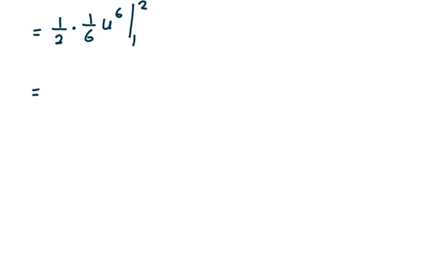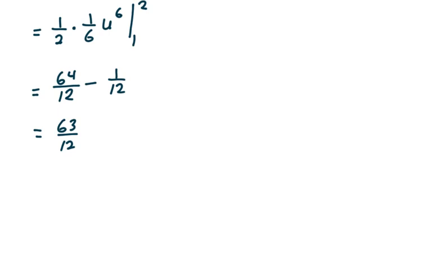If I replace u with 2, I get 2 to the 6th, which is 64. So I get 64 over 12 minus, and then replace u with 1, I get 1/12. And so this is 63 over 12.